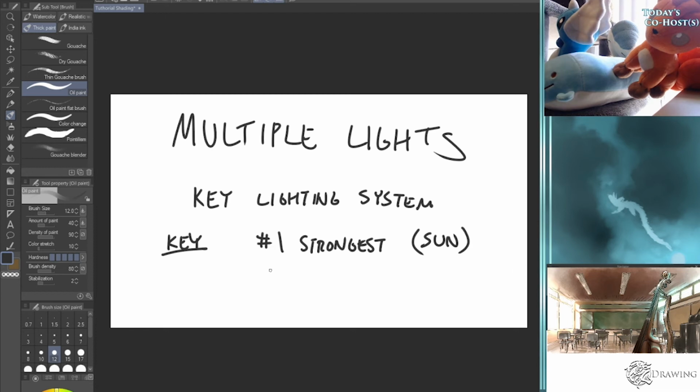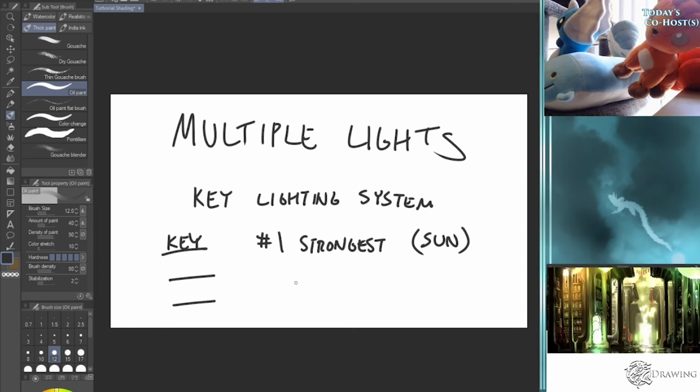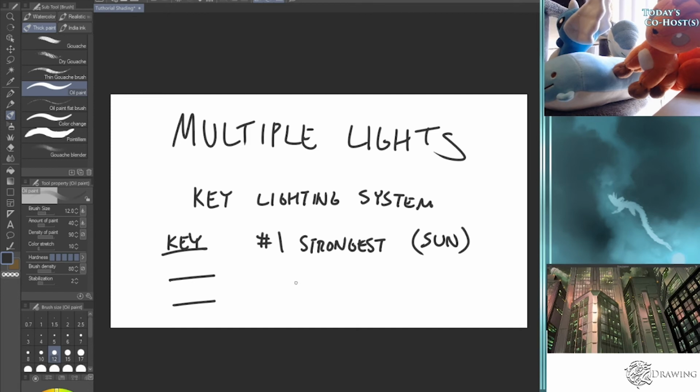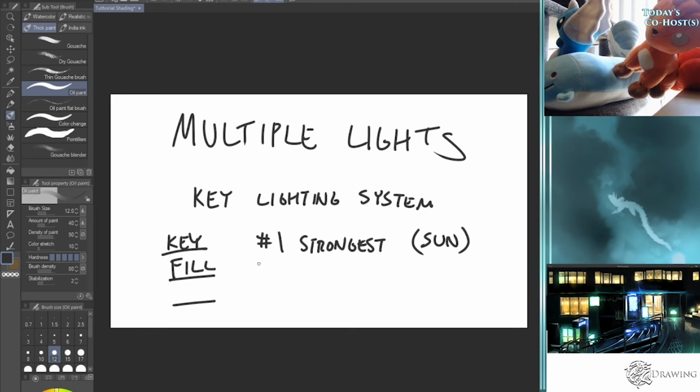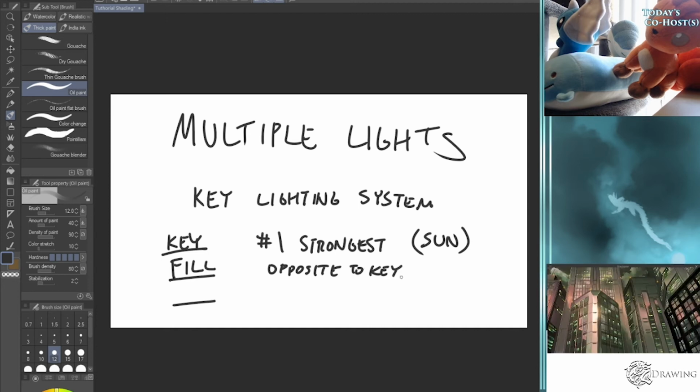Now, there are two other important elements in the key lighting system. Does anyone have any idea what they might be? That's right. It's the fill. You can think of the fill as being the opposite to the key, or the number 2.